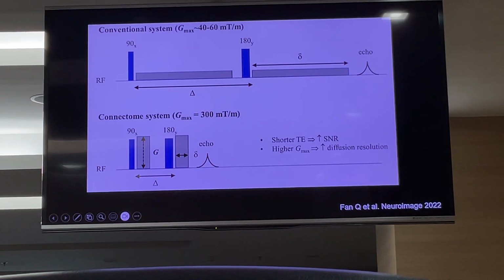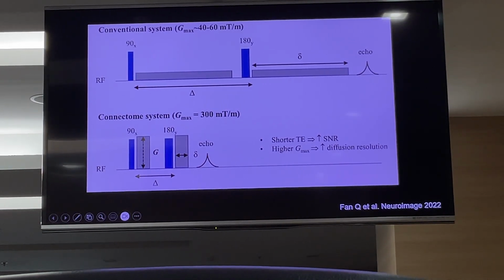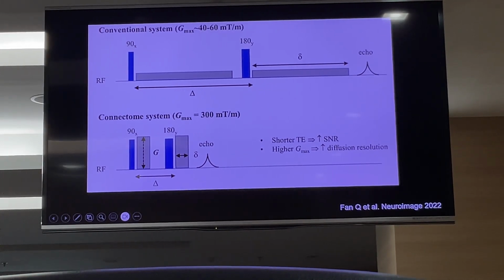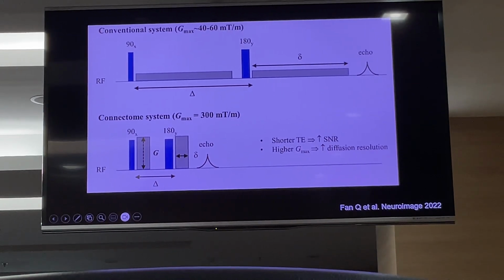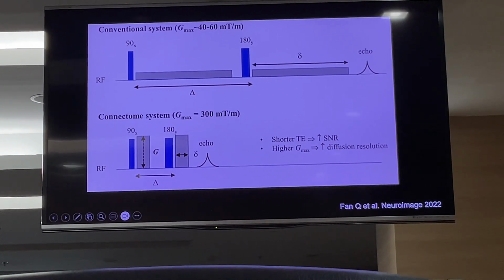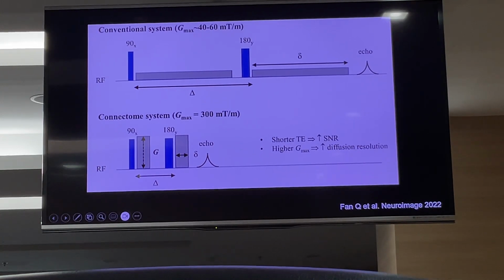This was Naily's talk by Susie yesterday. That's how we analyze the data with different gradients, and how we use it in research also. For a conventional system, we use a 40 to 60 gradient system, right?